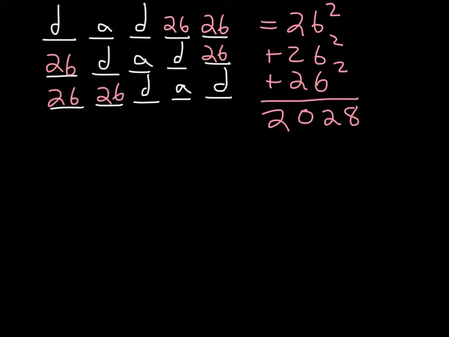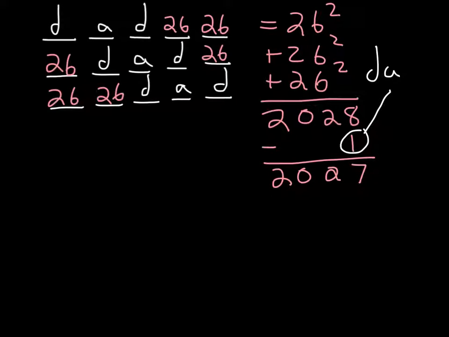It's in the intersection of words that have DAD at the start and words that have DAD at the end. Those 2 sets overlap, and the intersection has one thing in it. So we need to subtract one word. And there's actually only 2027 words that have DAD as a subword. And this one represents the word D-A-D-A-D.